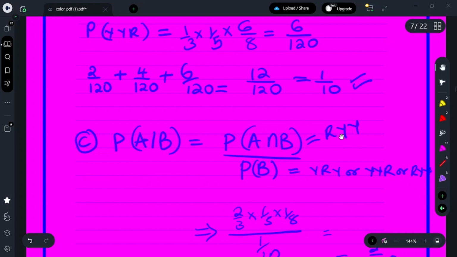That is RYY. And then the probability of having exactly two yellow balls is going to be YYR, YRY, and RYY.